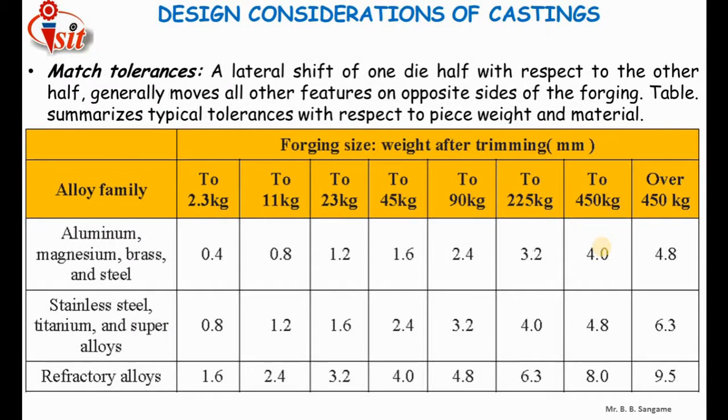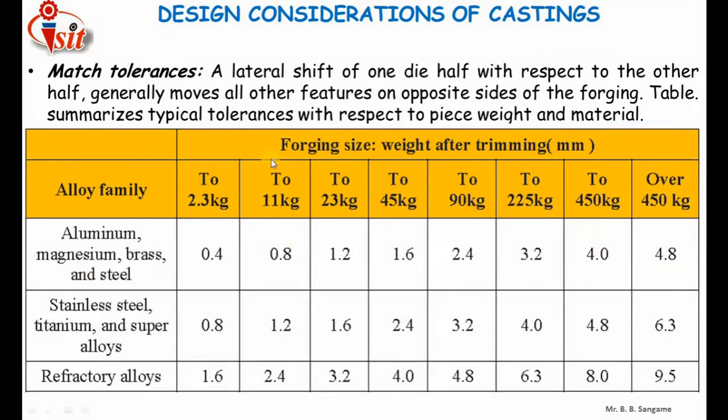Match tolerances: a lateral shift of one die half with respect to the other generally moves all features on one side of the forging relative to the opposite side. This table summarizes typical tolerances with respect to piece weight and material.